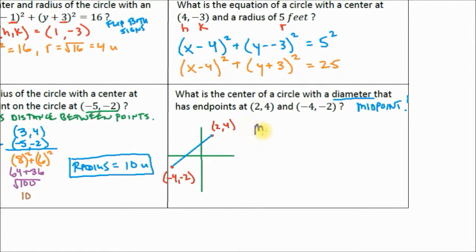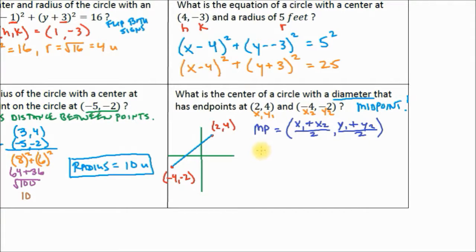We know that the midpoint formula is x sub 1 plus x sub 2 over 2. There's our x coordinate. Add the x values and divide by 2. The y coordinate is y sub 1 plus y sub 2 over 2. Let's go ahead and label our coordinates here. Let's call this x sub 1, y sub 1, x sub 2, y sub 2.